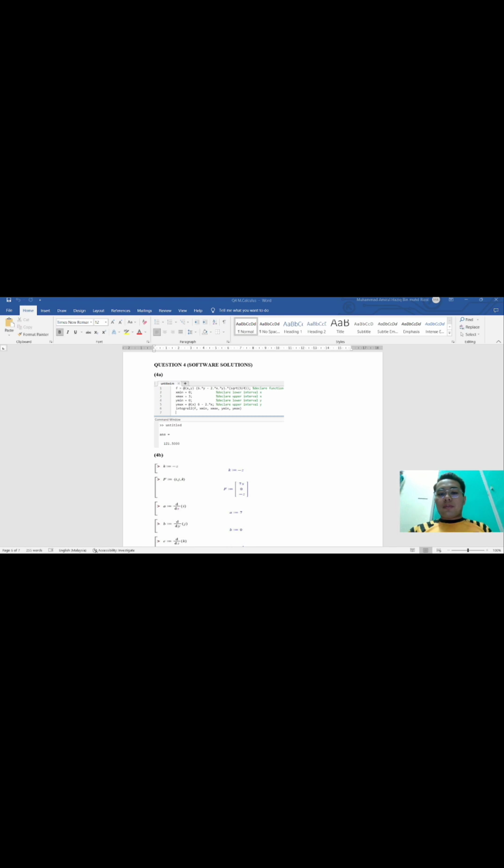Assalamualaikum, and my name is Muhammad Mirazi. My matrix number is CE2040. I would like to present the software solution for question number 4. For 4A, we state the program, which is f equals x y to the power of 6 minus 2 x y, the square root of 9 over 4.